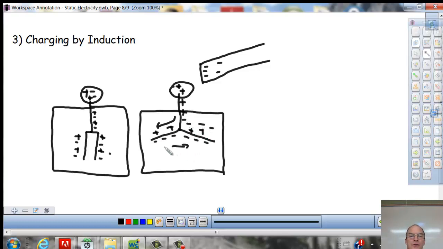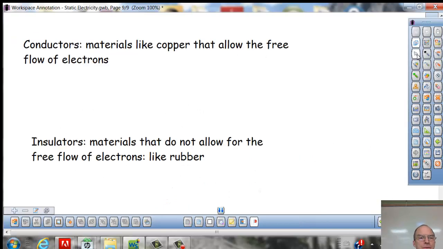And so the two metal leaves will repel each other. Now, if you pull the rod away, what should happen is the electrons should move back up and the normal situation should return.